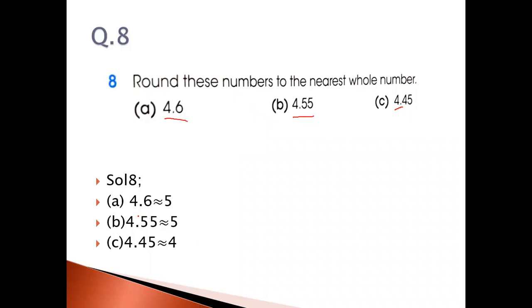हमें इस नंबर को नियरेस्ट होल नंबर में करना है. It means decimal जो है वो रिमूव हो जाएगा. तो यहाँ पर हमें 10th पार्ट की पोजीशन पे जो भी नंबर होगा वो हेल्प करेगा कि इसको हमने किस नंबर में राउंड ऑफ करना है.